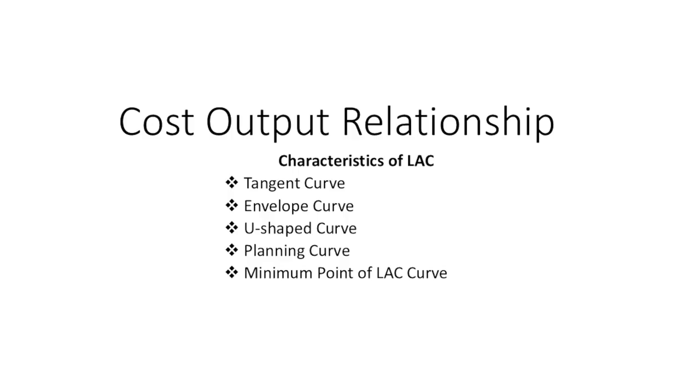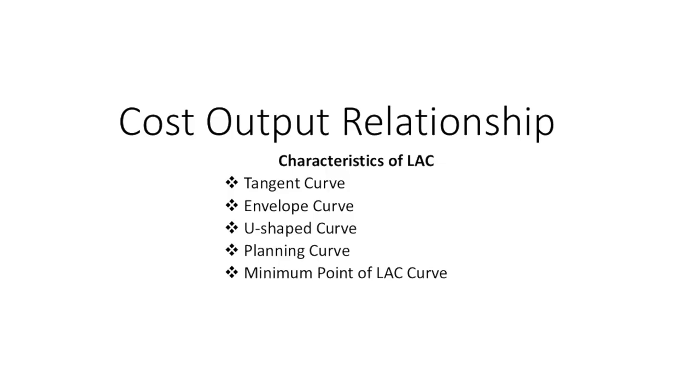The maximum optimal level of production and the minimum cost happen where the short run average cost and the long run average cost touch each other, which is at the minimum point. Then the minimum point of long run average cost should also be lower than the minimum point of the short run average cost curve.